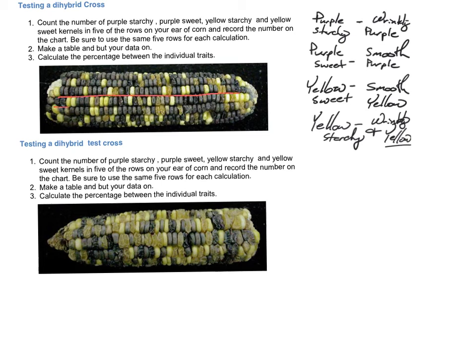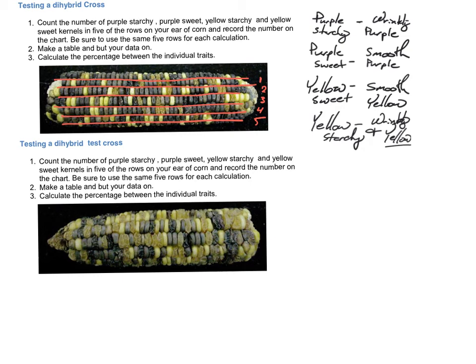Oh, 5 rows, thank you. 1, 2, 3, 4, 5. Those are my 5 rows. Okay? Are we all good with that?